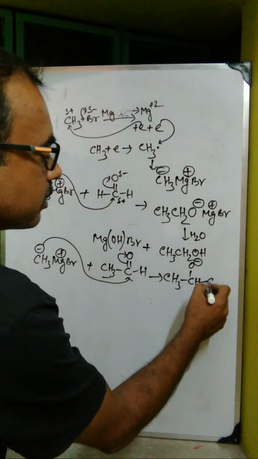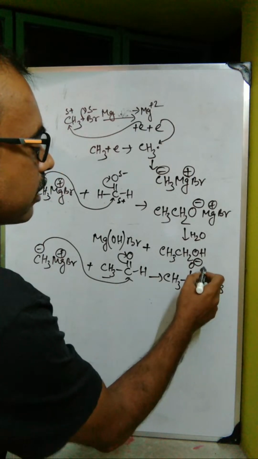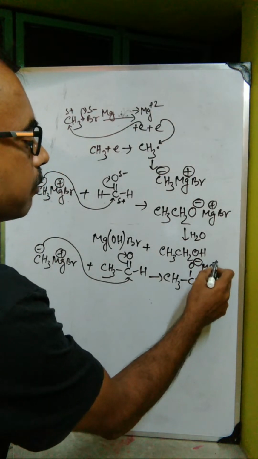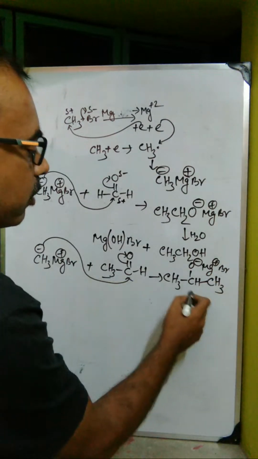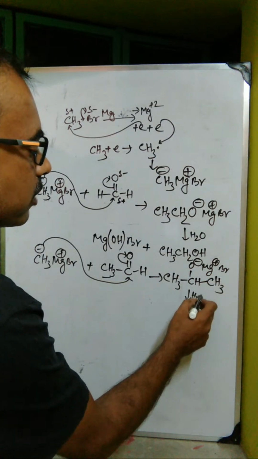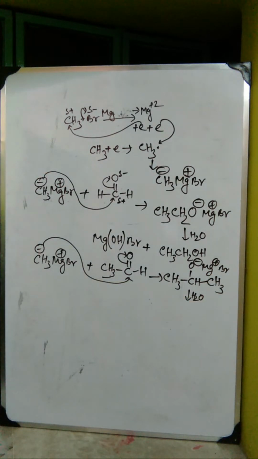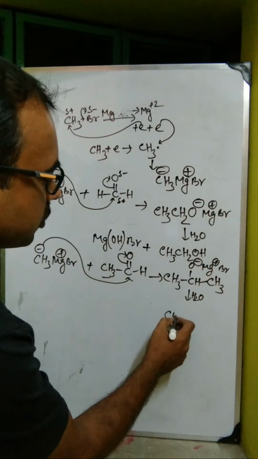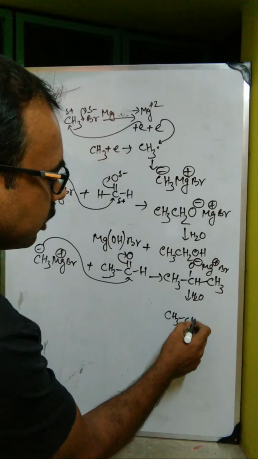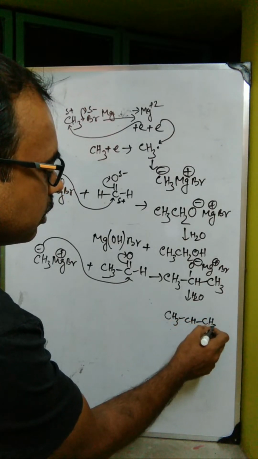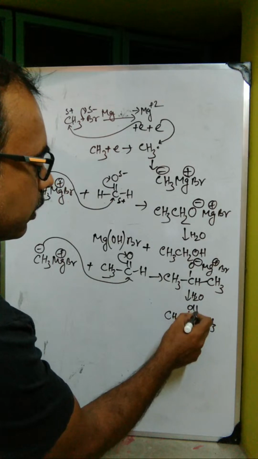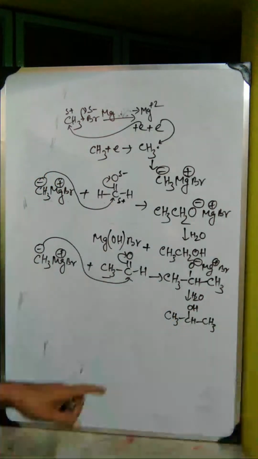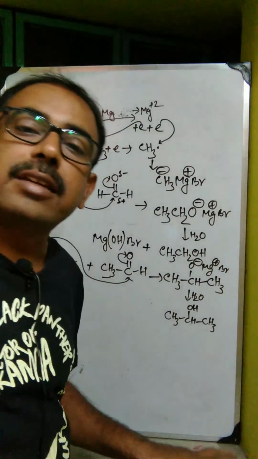The O minus is neutralized by Mg plus Br, and when water is added, water dissociates into H plus and OH minus. H plus is abstracted by this O minus to form CH3 CH, then CH3, OH. So this is the alcohol, and this alcohol is called a secondary alcohol.